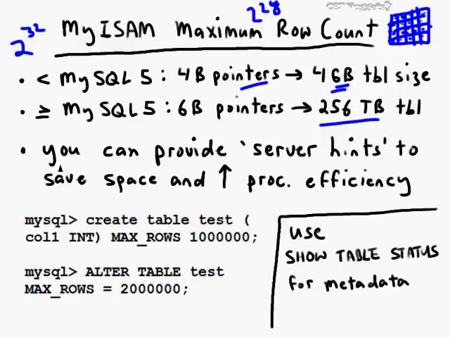Now, that having been said, you can provide what are called server hints to save disk space and to increase processor efficiency. What we're doing here is informing MySQL in advance approximately how many rows the table is going to store.